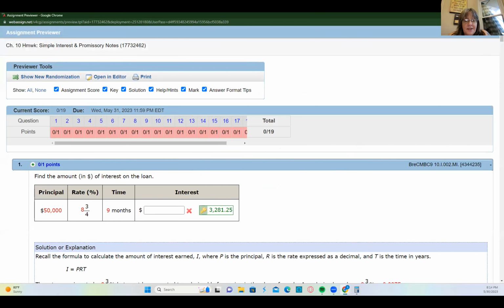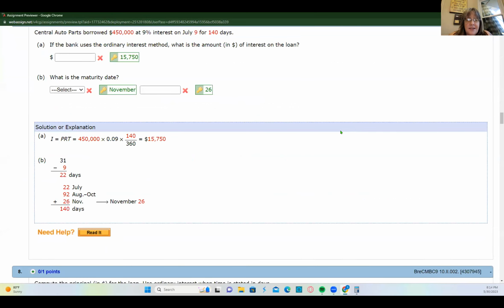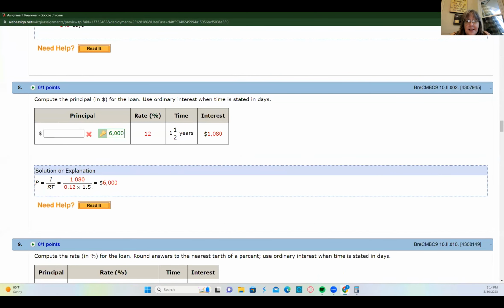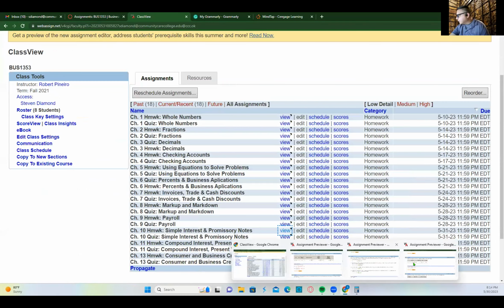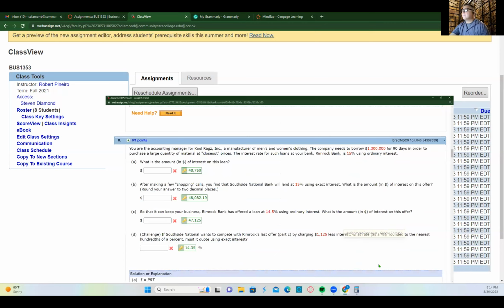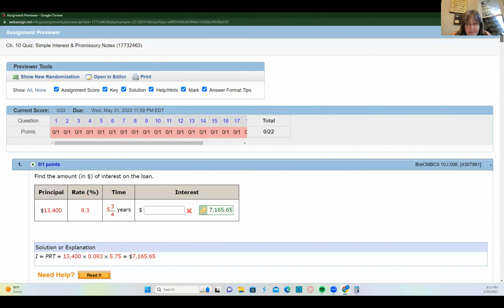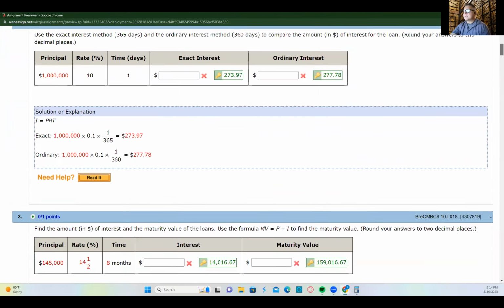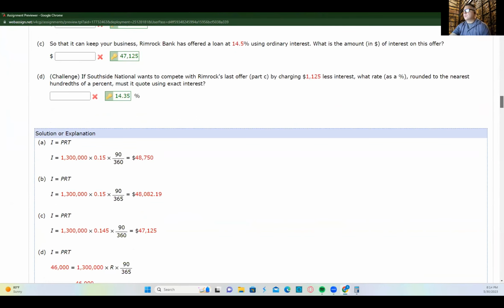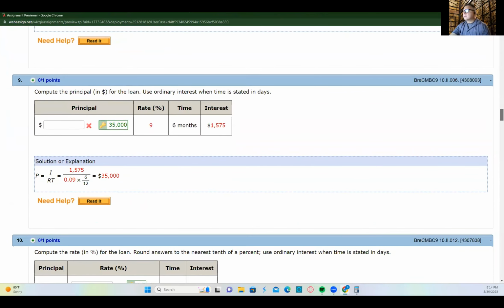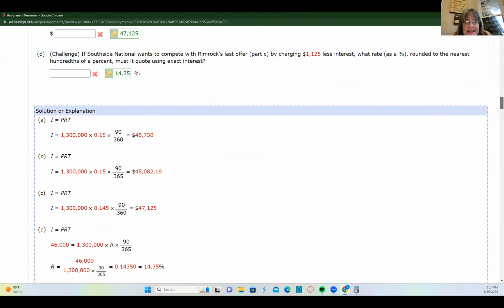I'm trying to do this split screen and I'm not very good at it, so bear with me. It says chapter 10 quiz, simple interest and promissory notes. All right, now we just need the right number. You're not Cool Rags. Number 8, question number 8, D.